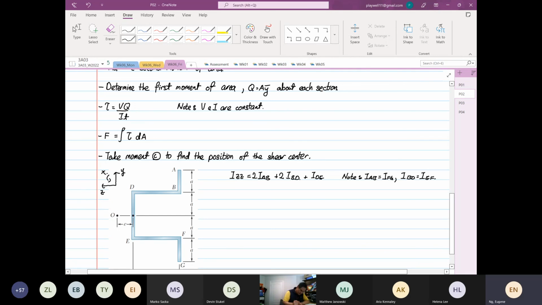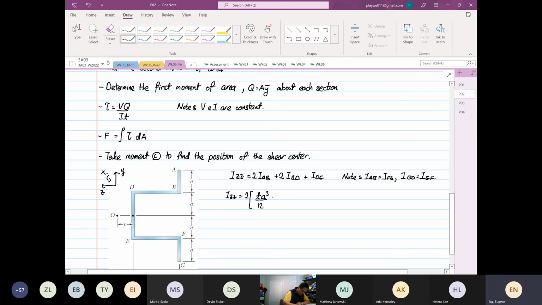So now we do our IZZ. We're going to have twice, the width is T, A cube over 12.